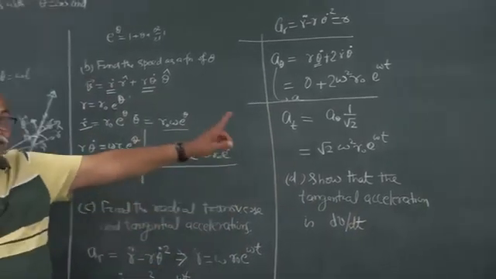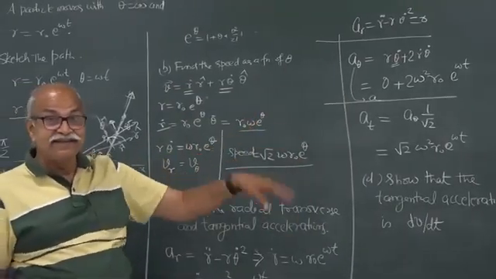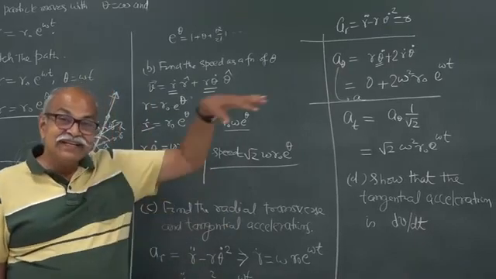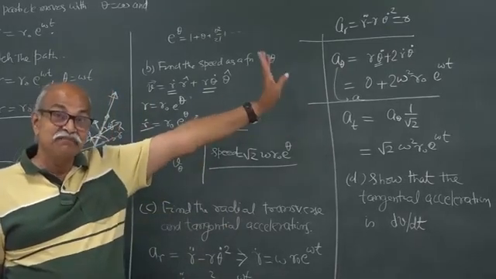In circular motion you must have studied that the radial acceleration is v square by r towards the center, and the tangential acceleration is dv dt, rate of change of speed.